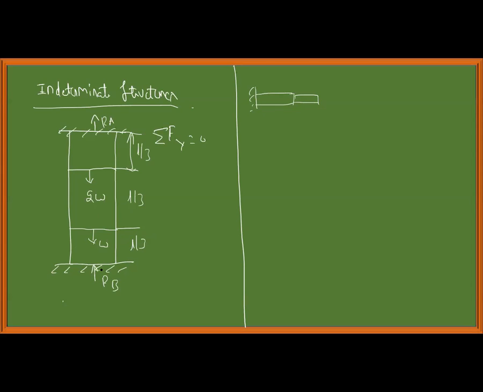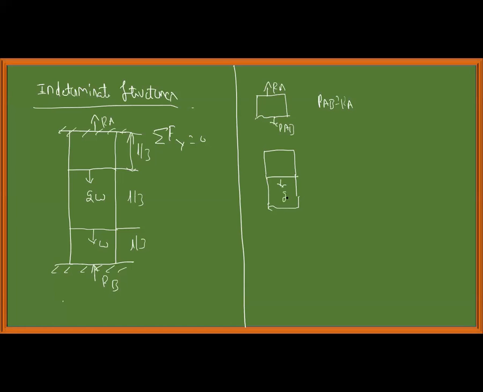Okay. First, as usual, by taking sections, I'll take the first section, with RA acting like this. P of AB, I write directly, is equal to RA. Next section: this is 2W.